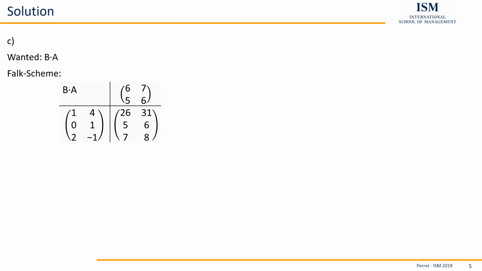Second row, second column, we take the second row of B, second column of A. So it's 0 times 7 plus 1 times 6, giving us 6. And finally, the last row, that's third row, first column, 2 times 6 plus minus 1 times 5. So 12 minus 5, that's 7. And third row, second column, that's 2 times 7 plus minus 1 times 6, giving us 8. This then concludes the third part of this exercise.